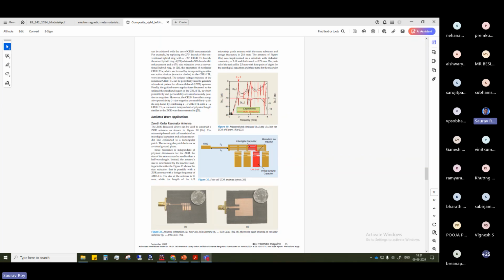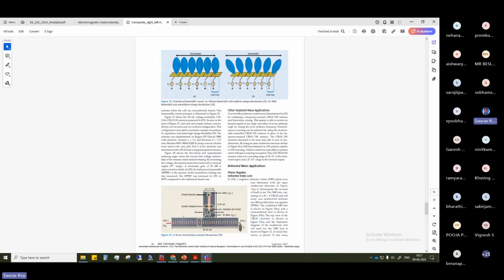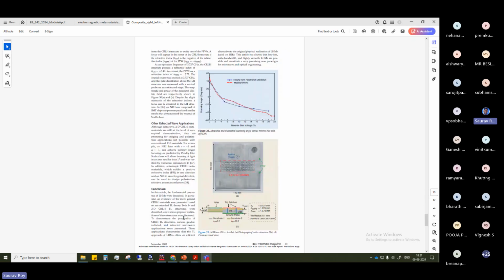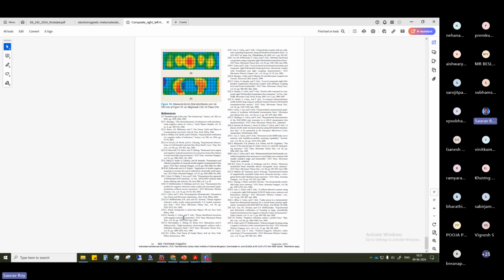These are very small size designs, and so compact. You see, compared to the coin here, it is so compact. They have also designed leaky wave antennas with these same lines. So they have a lot of applications, and it is very interesting also.